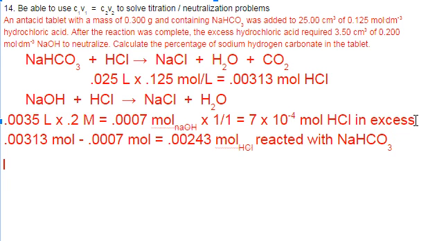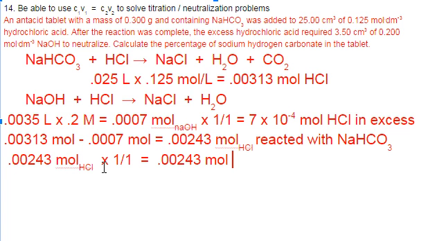So this is important because if 0.00243 moles of HCl reacted back in my original reaction, then I can look at my molar ratio here and I see that it's 1-to-1 between the antacid and the HCl. So that means I must have had 0.00243 moles of my NaHCO3 that reacted.